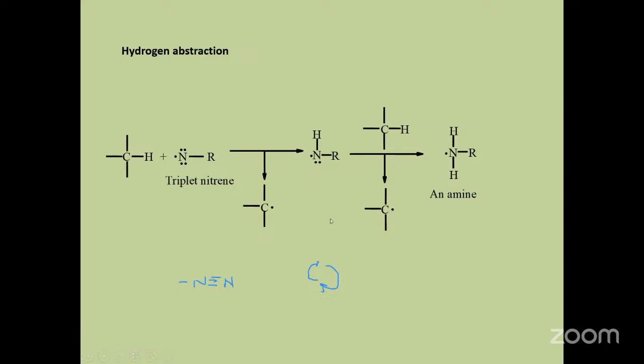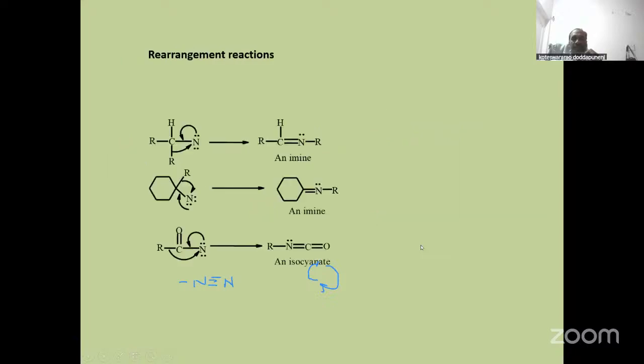Then it further reacts, and another hydrogen is abstracted from another molecule of this alkane, so that an amine radical is generated. These two radicals combine together and lead to formation of an alkane with extended carbons.